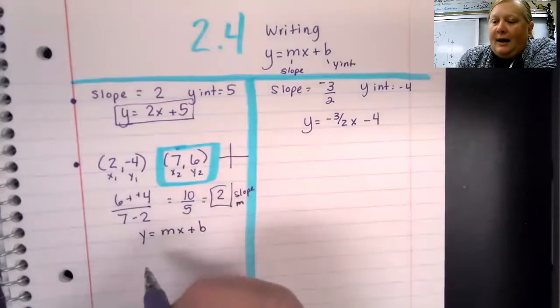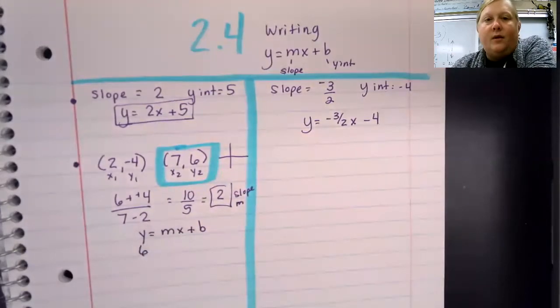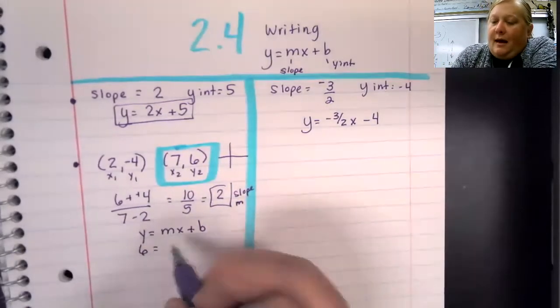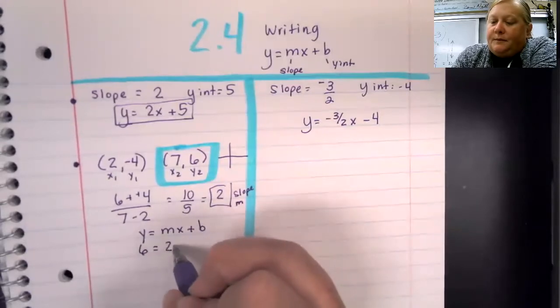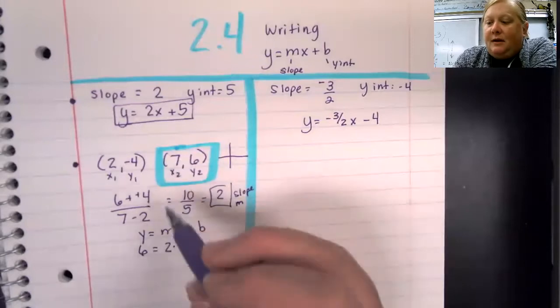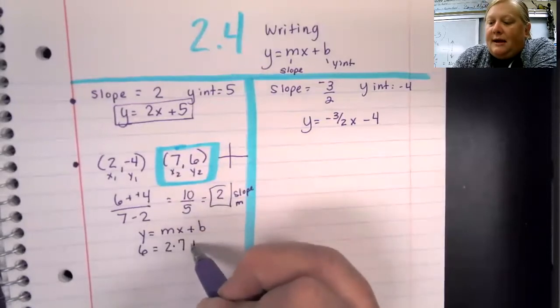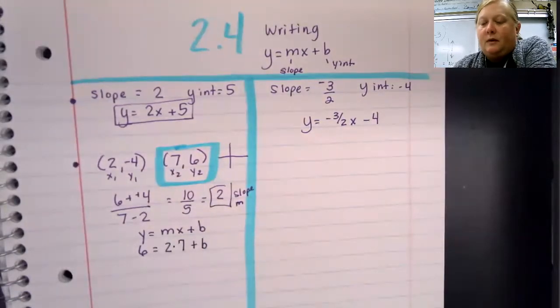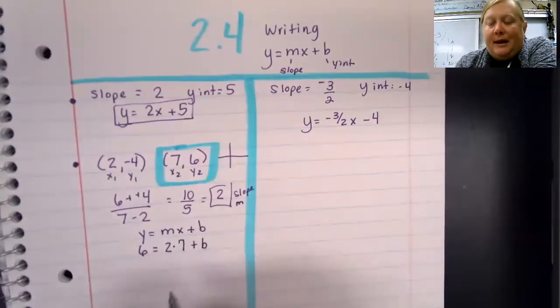So the y goes in for the y. The m goes in for the m. Remember that m and x are held together by multiplication. And the 7 goes in for the x. See how they're all lined up? You have everything you need. All we got to do is solve for b.